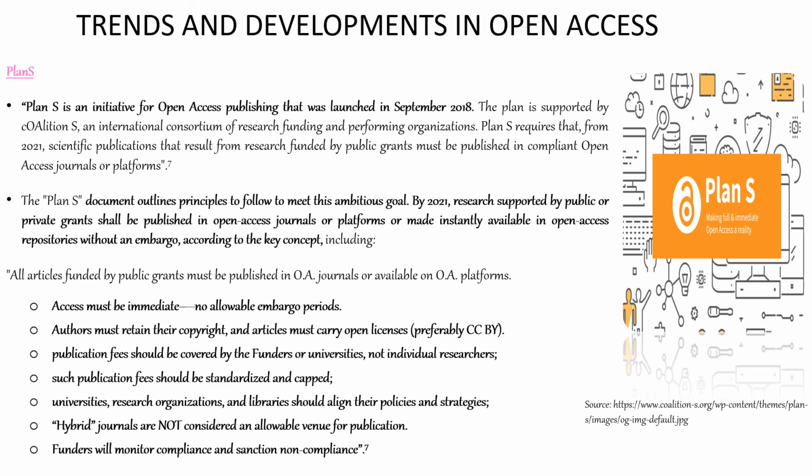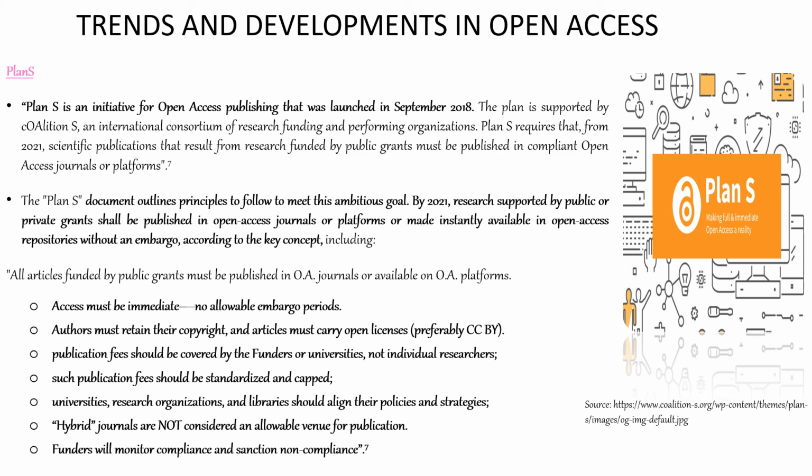This plan requires that scientific publications that result from research funded by public grants must be published in compliant open access journals or platforms. So all the research work that has been funded by public grants should be made immediately available to the public through open access platforms and journals.